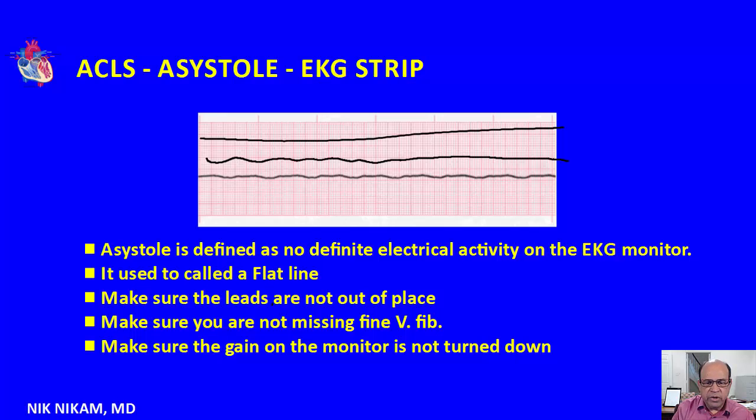We also want to make sure that we are not missing a fine ventricular fibrillation that may be amenable to defibrillation. And another important thing that we need to keep in mind is that the monitor gain is properly turned up. For example, the normal monitor gain should be like this, measuring 1 centimeter.